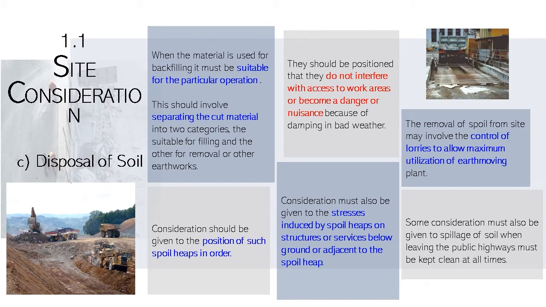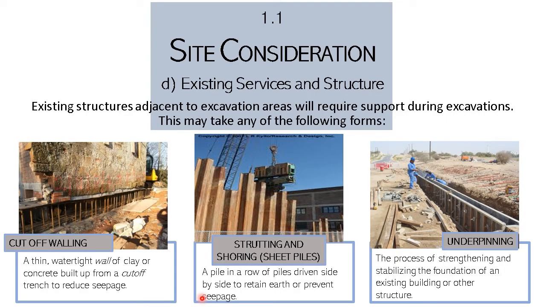Some consideration must also be given to the spillage of soil when leaving, and public highways must be kept clean at all times. Such soil must not exceed the top level of the dump truck bucket and must be covered on top as well.